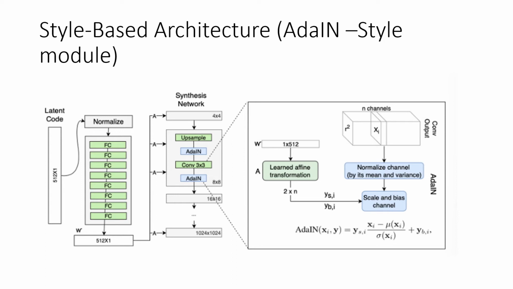The intermediate vector W is transformed using another fully connected layer, marked as A here, into a scale and bias for each channel. The scale and bias vectors shift each channel of the convolutional output, which defines the importance of each filter of the convolutional layer.